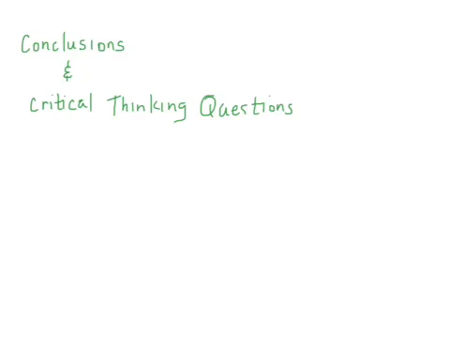So in conclusion, and to have the ability to think of critical thinking questions, let's go back and do a quick review. And you can watch this video and look it over as many times as you want to.